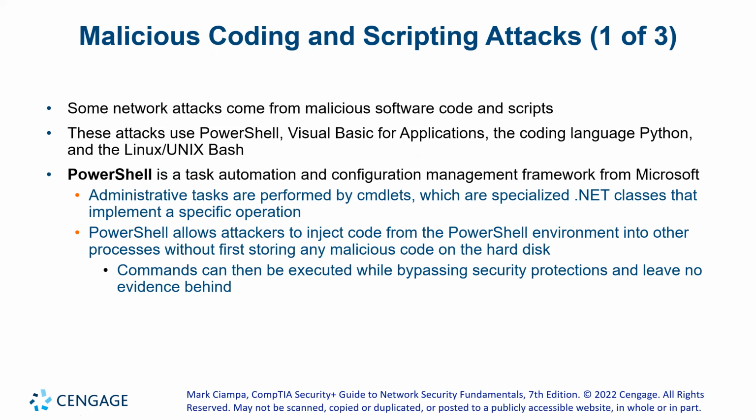PowerShell is a task automation and configuration management framework from Microsoft. Administrative tasks are performed by commandlets, which are specialized .NET classes that implement a specific operation. PowerShell allows attackers to inject code from the PowerShell environment into other processes without first storing any malicious code on the hard disk. Commands can then be executed by bypassing security protections and leave no evidence behind.